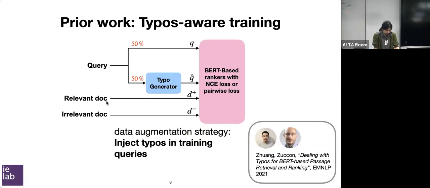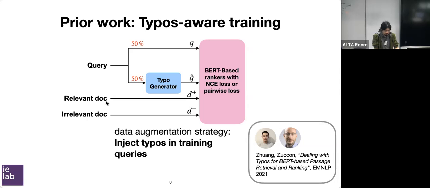And then in this work, we proposed a data augmentation approach called typos-aware training, working together with typo generators. It works like this: for each query in the training epoch, it has a 50% chance of having a typo injected by one uniformly sampled typo generator.